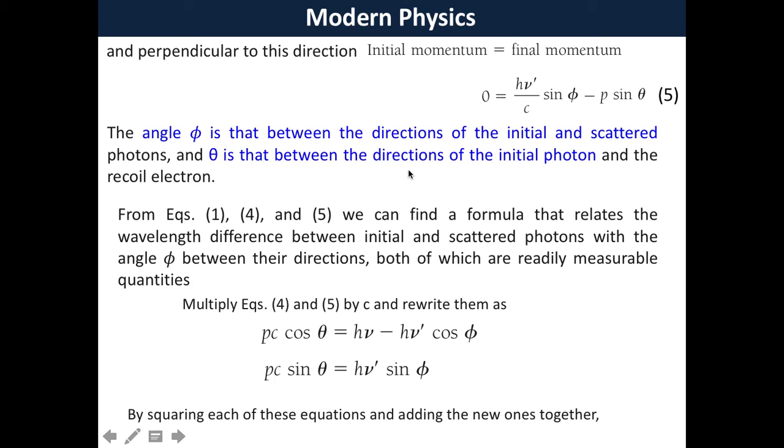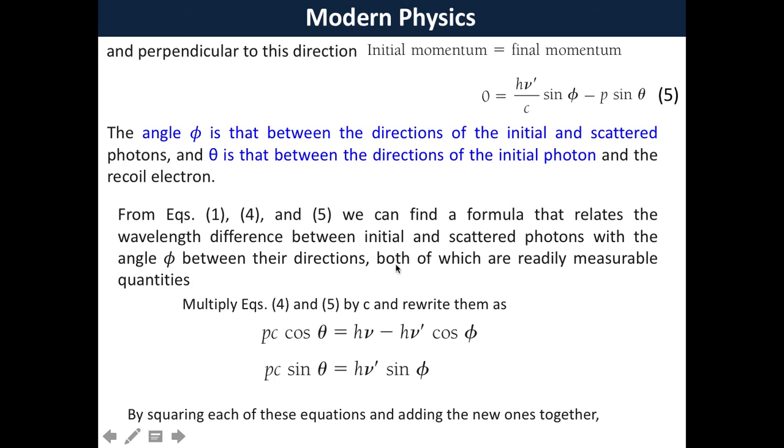Theta is between the direction of the initial photon and the recoil electron. From equations 4 and 5, we can find a formula that relates the wavelength difference between the initial and scattered photon with the angle phi between their directions.